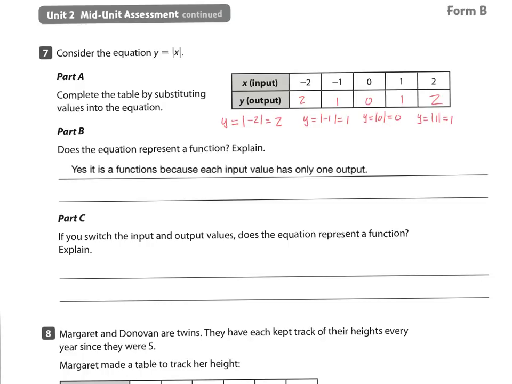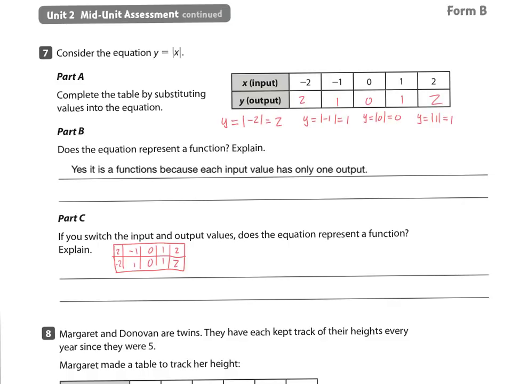Now the next part says, if you switch the input and the output values, does it represent a function? That means that these outputs will actually become your input, so we will flip it. I'm quickly going to create a table right here so you can see it. You're going to see that 2 goes to -2, -1 goes to 1, 0 goes to 0, 1 goes to 1, and 2 goes to 2.